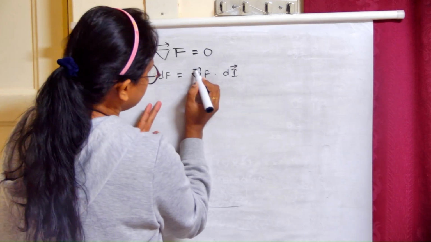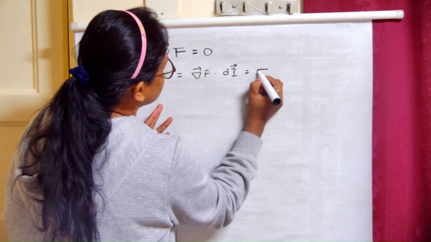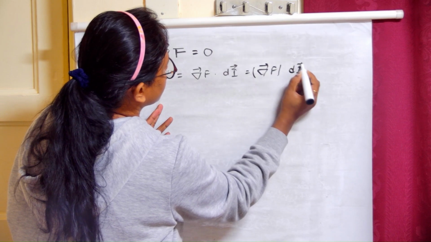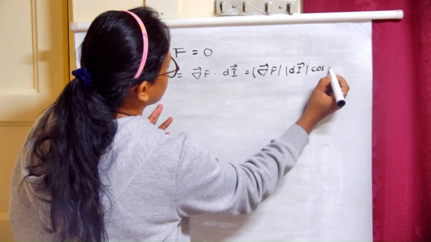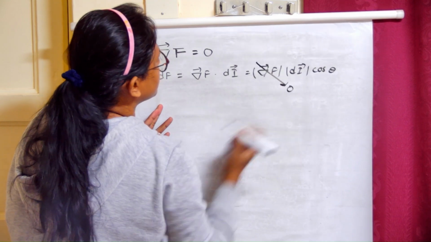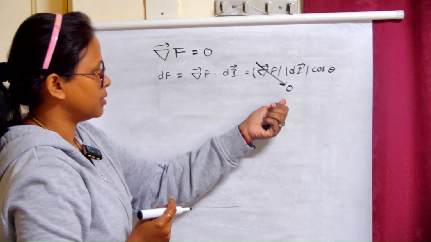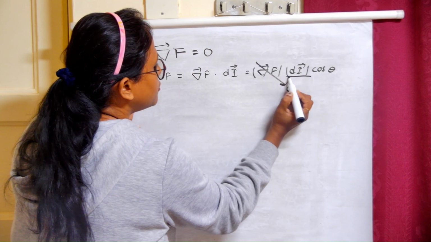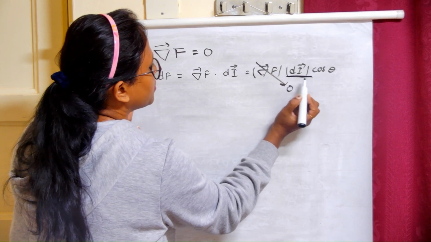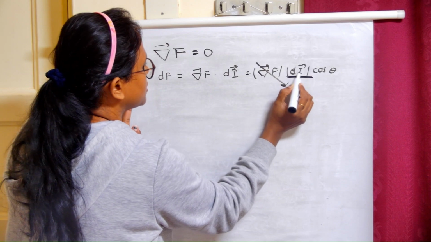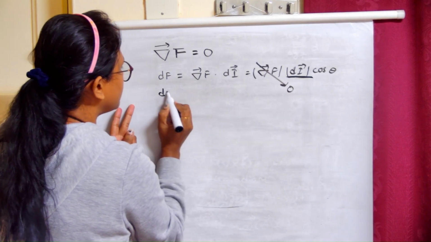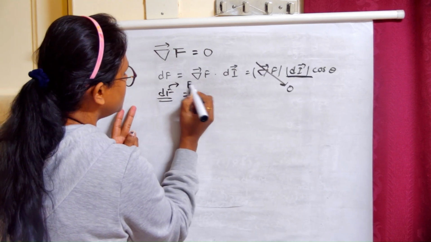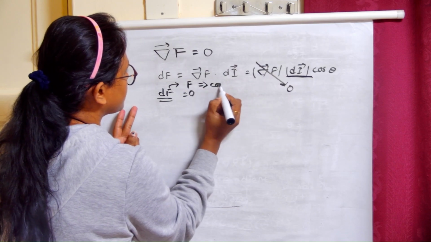And here, if this is becoming 0, that means when the displacement happened infinitesimally through a displacement vector dl bar, there is no change in function f, which means that f is a constant.